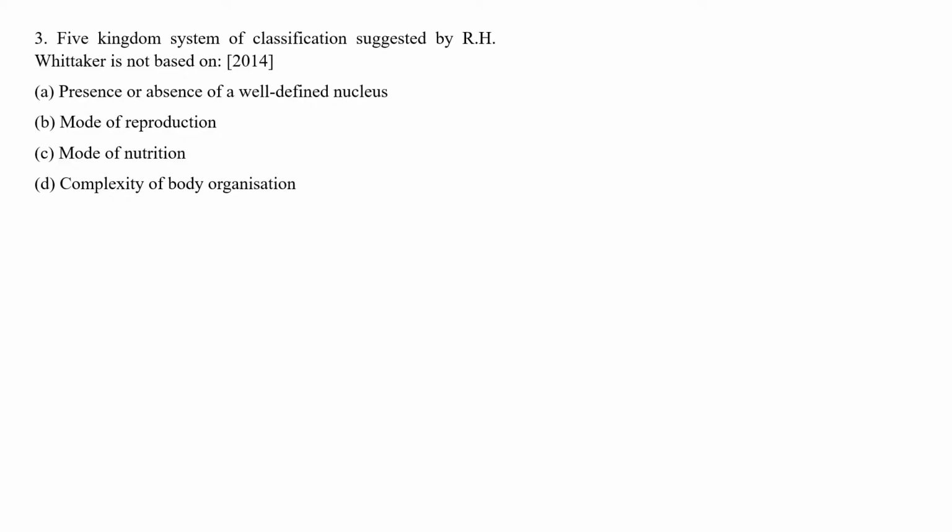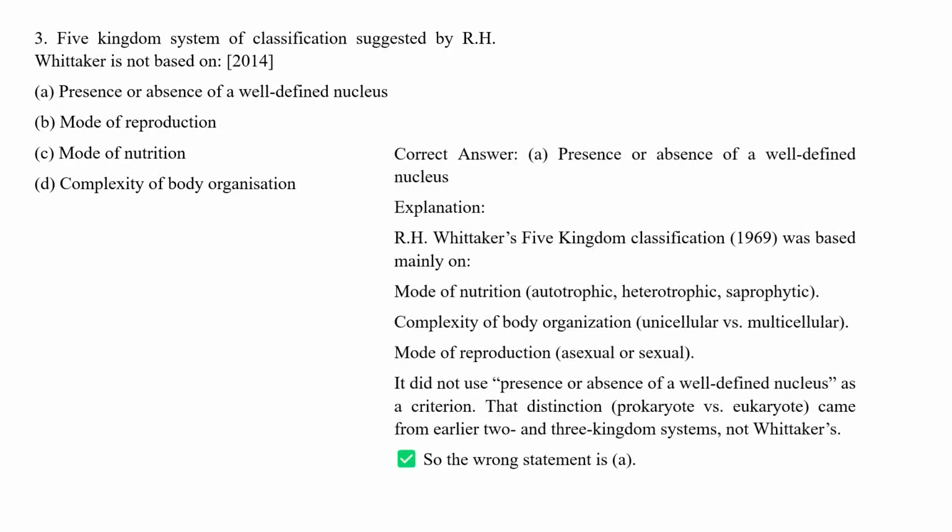So let's begin with the correct option. The 5-kingdom system of classification suggested by R.H. Whittaker is not based on: option A, presence or absence of a well-defined nucleus; the mode of reproduction; mode of nutrition; and complexity of body organization.